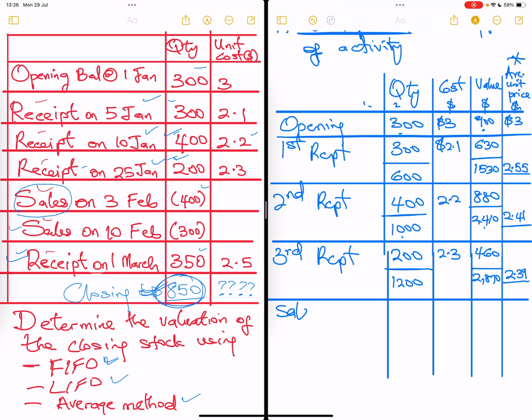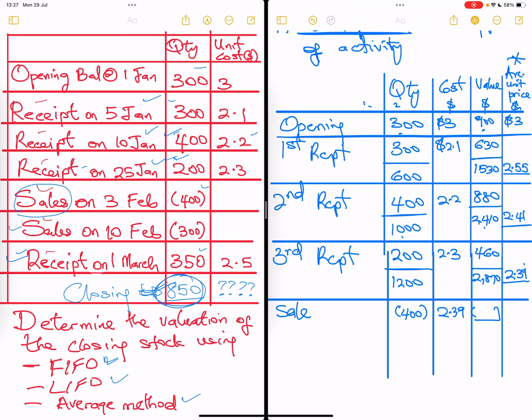So sell, how many units? This time around 400 units. Now we don't need to be doing first in, last in, or whatever it is. We are going to sell at the last valuation, and that means we're going to be selling at 2.39. And the value that will be going out will be how much? Let's check.